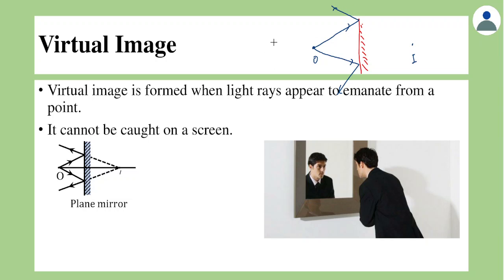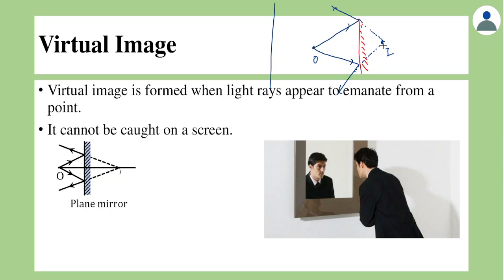Even if you place a screen in front of this, these light rays cannot give an image because they're diverging. But if you draw the light rays backwards, these light rays appear to come from a given point. This point is called the image point. It's not drawn in proportion here, but get the idea clearly that the distances will be the same. You can try this using pencil and scale because drawing freehand on this board is difficult.